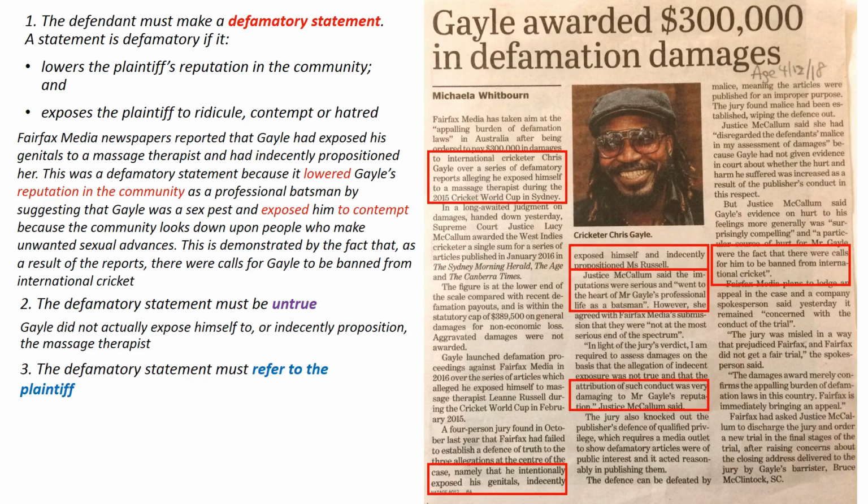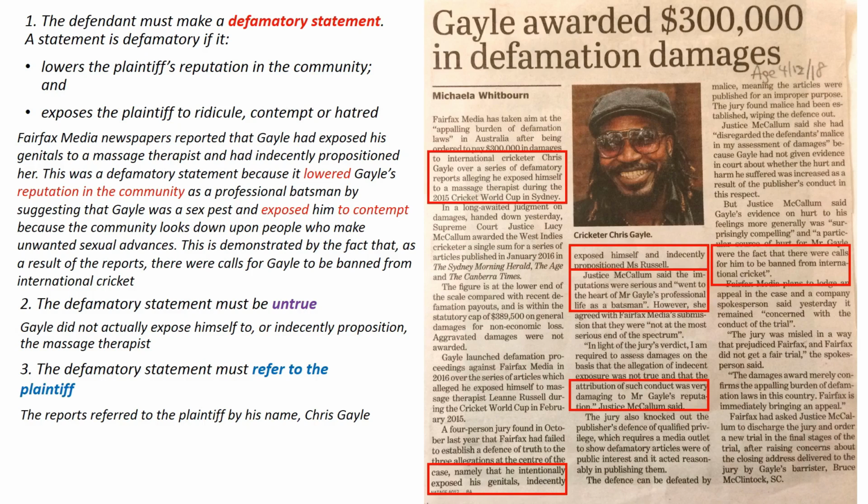This requirement is satisfied where the defamatory statement refers to the plaintiff by name, or refers to a group of which the plaintiff is a member, or is made in a context where it is reasonable to conclude that the statement is referring to the plaintiff. In this case, the newspaper reports clearly named Chris Gayle as the person who was said to have exposed himself and to have indecently propositioned the massage therapist.